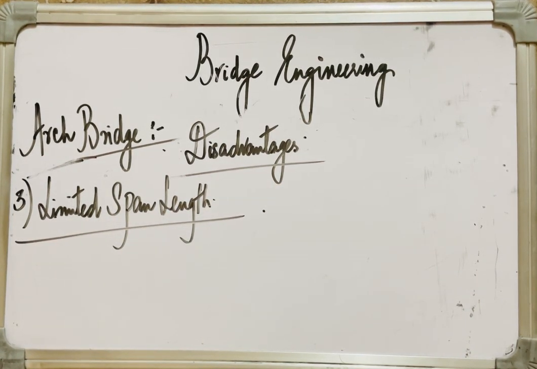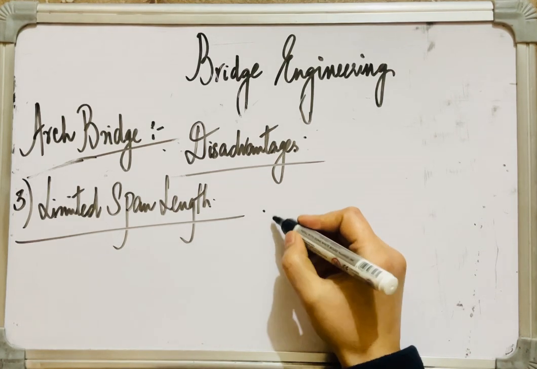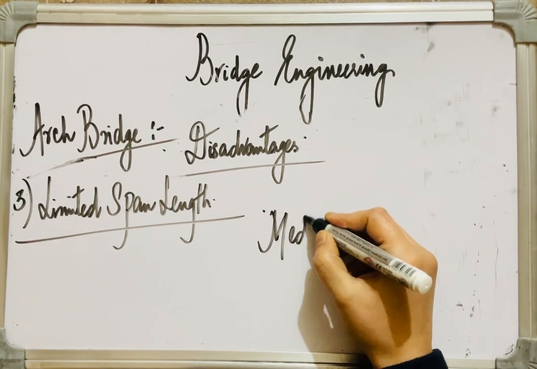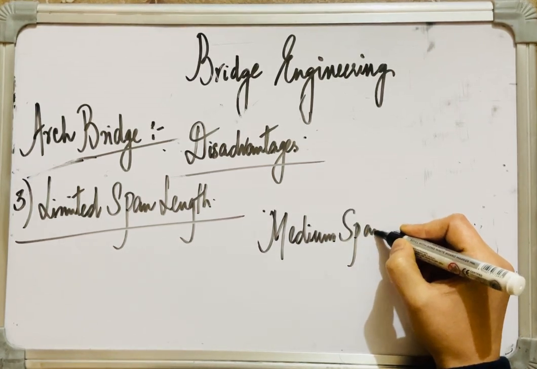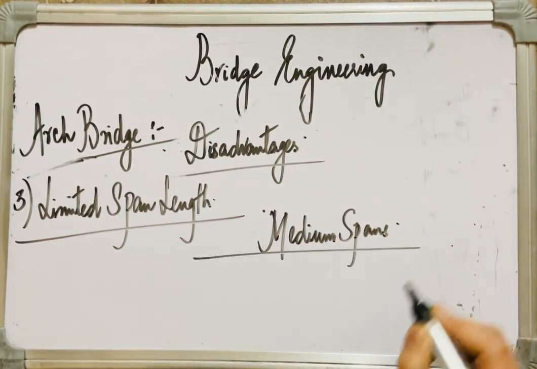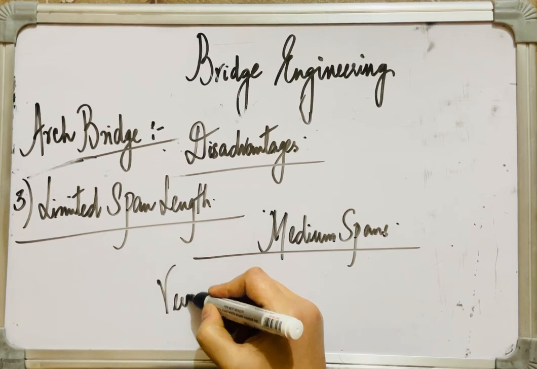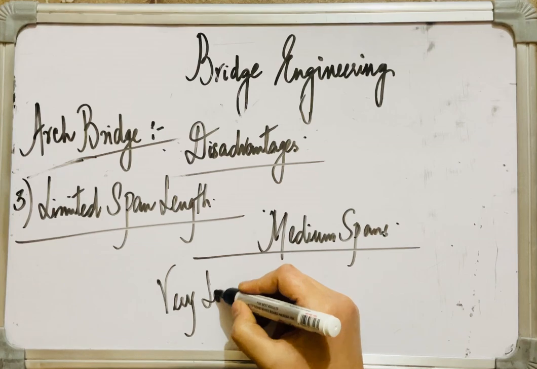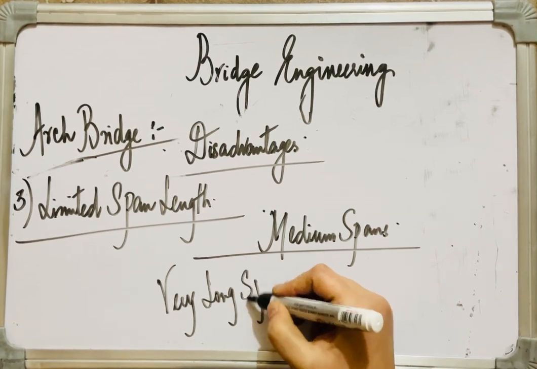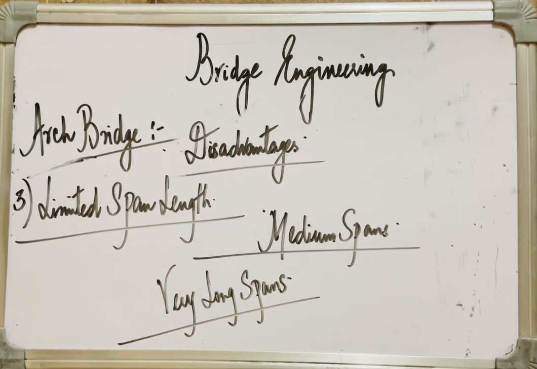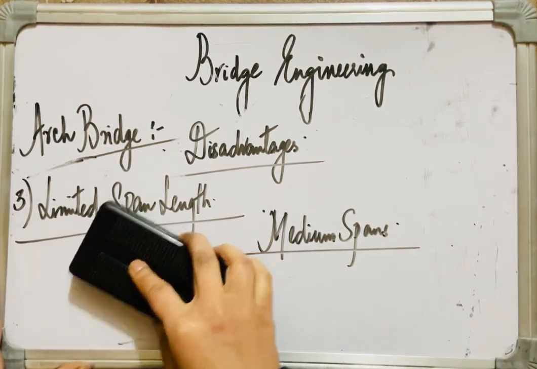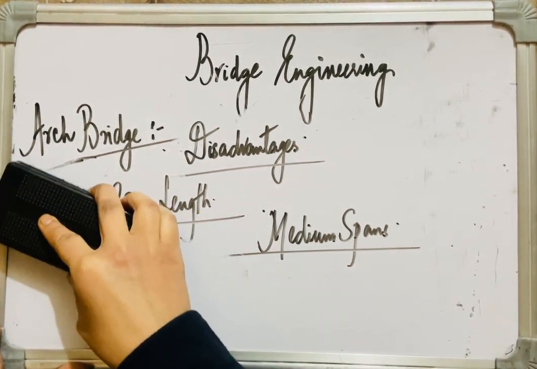Arch bridges are generally more effective for medium spans, and can be limited in their ability to accommodate very long spans. They cannot accommodate very long spans, hence they have limited span length, which is their drawback and adds to their limitations or disadvantages.